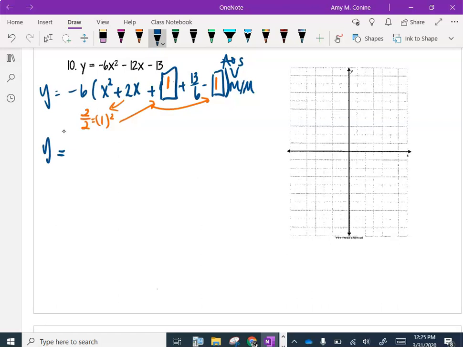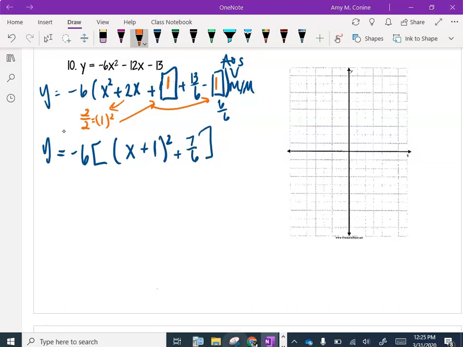And then I'm going to bring everything down, put my brackets in, write my perfect square trinomial with the b divided by 2. And then I can do some math right here. So this should be plus 7 over 6.